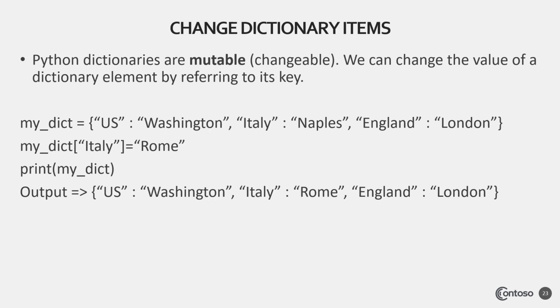Keys can never be changed, they are immutable, but values can be changed. So Naples is changed to Rome, and when we print the dictionary, the change shows where Naples is changed to Rome.